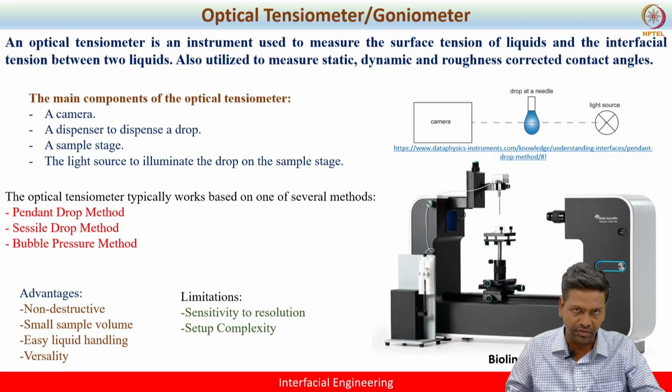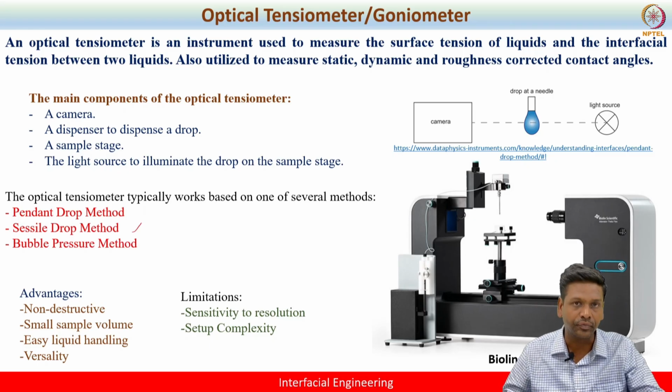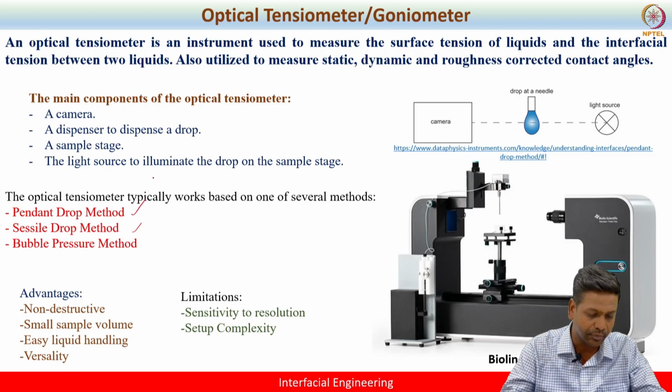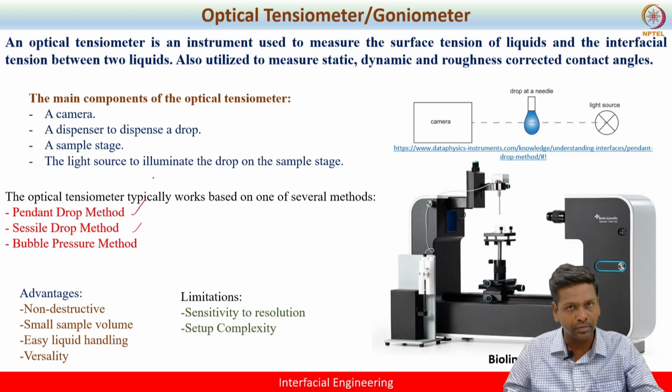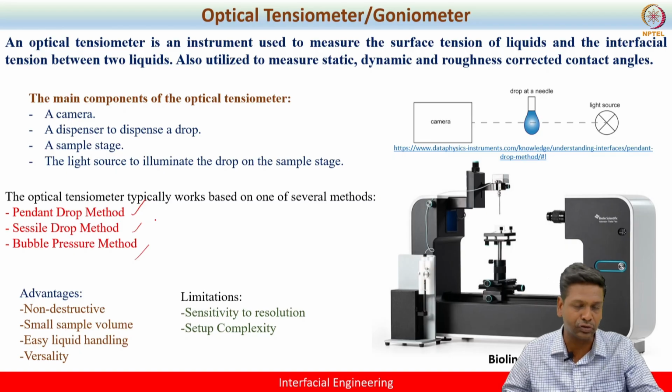Not only surface tension using the pendant drop method, you can also perform contact angle measurement using the sessile drop method. Sometimes a bubble pressure tensiometer is also used to determine the surface tension.